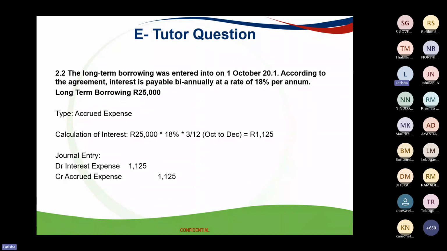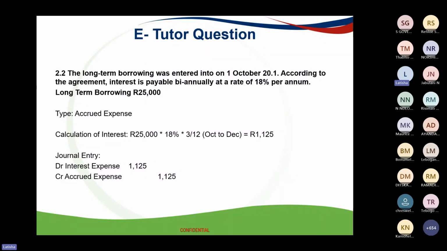Okay, I see quite a few questions about accrued expense. Why are we crediting accrued expense? So what's important about this is, if you guys recall what Maurice had said initially at the beginning, if you have an expense, interest expense is an expense. That is correct. That's why we're debiting the expense here. That is the expense in the income statement. The reason why we are crediting accrued expense is because this has not yet been paid.